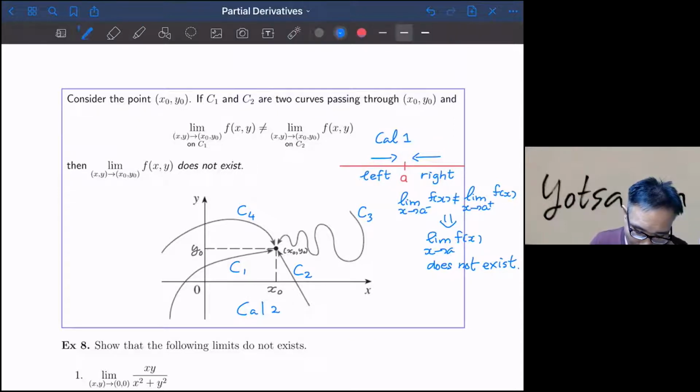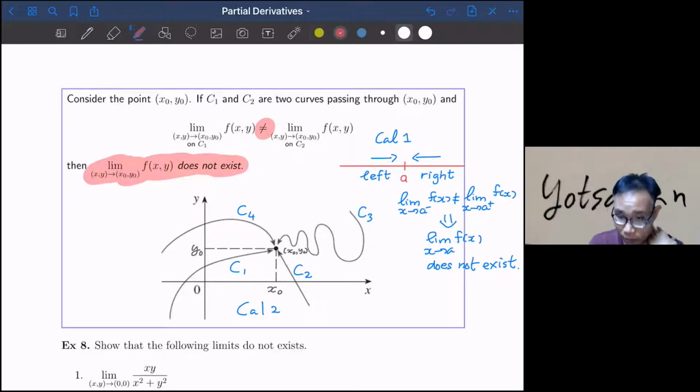If you are able to show that the limit as (x, y) goes to (x0, y0) on C1 and the limit on C2 are not the same, then you can conclude that the limit does not exist in this case as well. So that is going to be used for showing that the limit of f(x, y) as (x, y) goes to (x0, y0) does not exist.